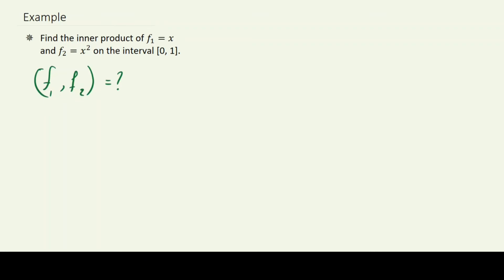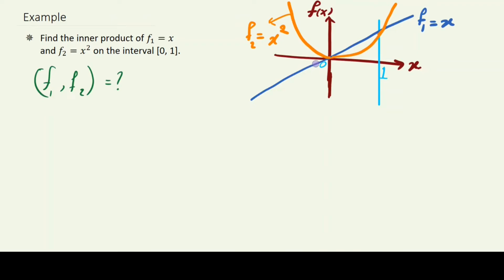We don't really need to draw these functions on the coordinate plane, but to give you some insight into how they look, I would like to draw them first. Here are both functions, f1 equals x and f2 equals x squared, shown on the same coordinate plane, and we are interested in the interval from 0 to 1.